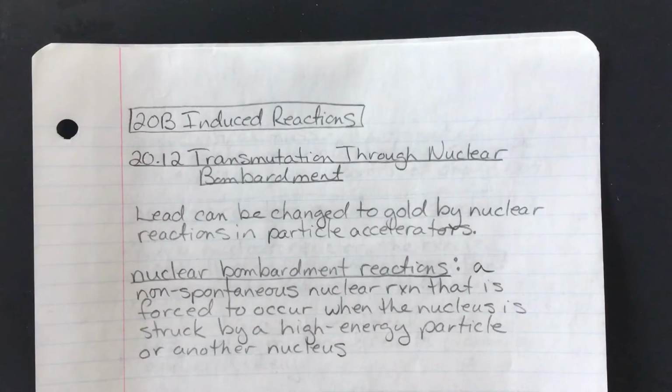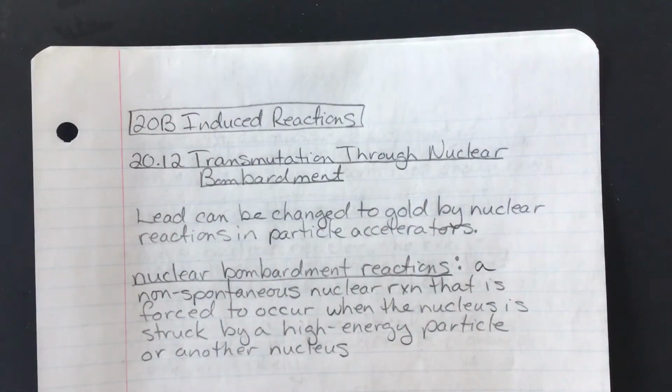And this is a non-spontaneous nuclear reaction that is forced to occur when the nucleus is struck by a high energy particle or another nucleus. So when we smash atoms. This is also how some of our newer elements that are man-made, that don't last very long, towards the end of our periodic table, have been discovered, by crashing atoms together.